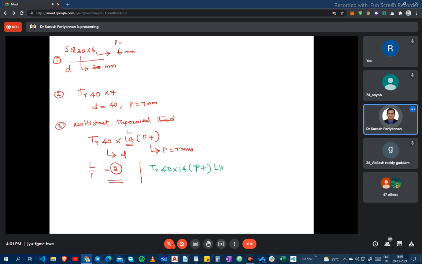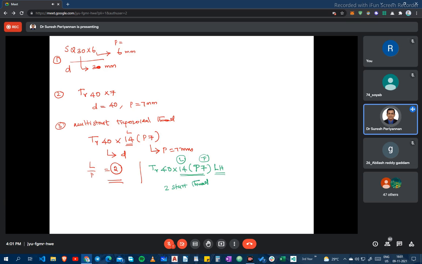This is a 2 start thread because the lead is 14 and the pitch is 7, so lead by P gives 2, a double start thread.